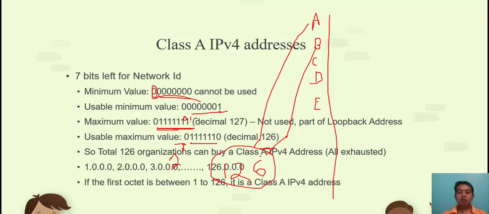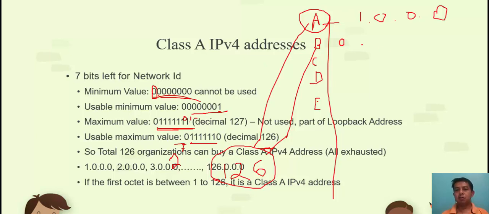So what address would the first organization get? Say this is the first organization who wanted to buy a class A address. The first address it will get is 1.0.0.0. This is the IP address given to the first organization. Why 1? Remember, in the first 8 bits, the first bit is 0.